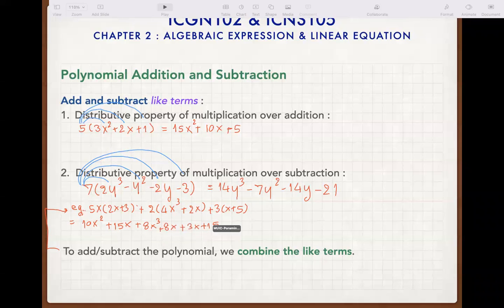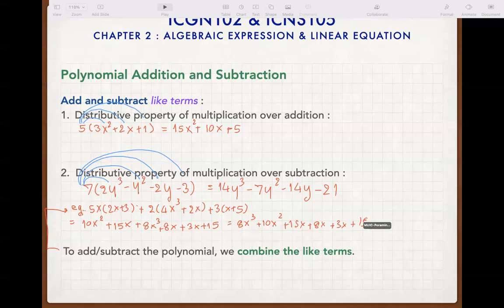After that, you combine the like terms together first. You get 10x squared, sorry, let me rearrange these terms. I start with the x cubed first. I have 8x cubed plus 10x squared plus 15x plus 8x plus 3x plus 15.